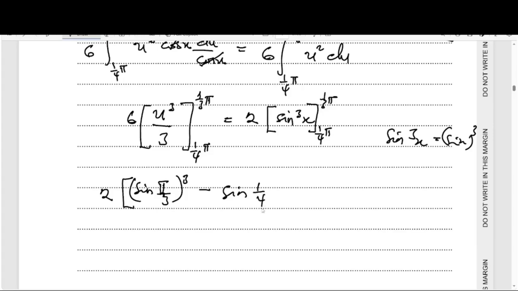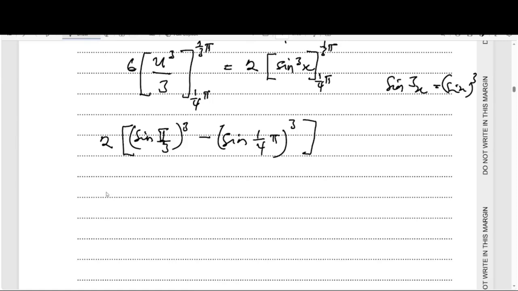So I have 2 out here, then we substitute 1/3 pi, so I have sine of pi over 3, all cubed. Remember, sine cubed x is the same as sine x all cubed. So minus sine of pi over 4, and then all cubed. That is all, and our 2 is outside to multiply after our final answer in the brackets.